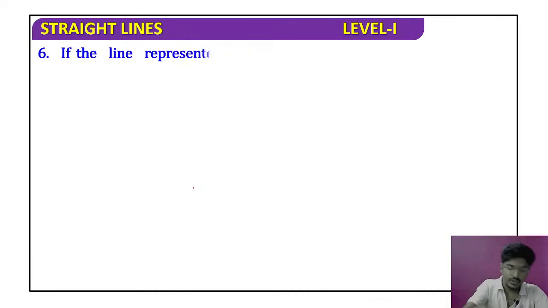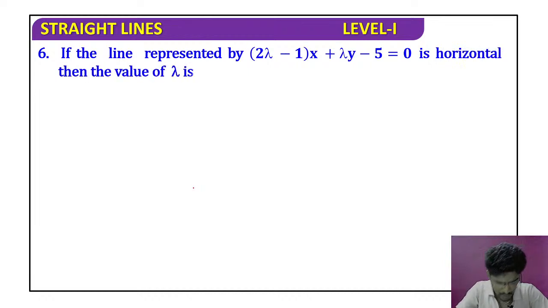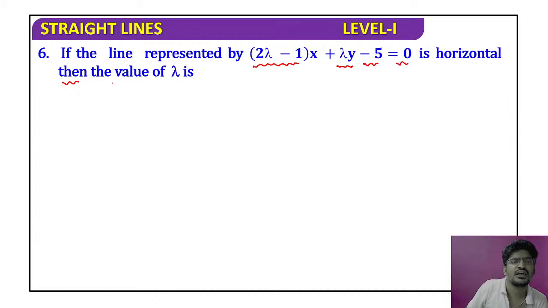Okay, now let us go for the sixth problem. If the line represented by 2 lambda minus 1 into x, lambda y minus 5 equal to 0 is horizontal, then the value of lambda is, what they are asking.